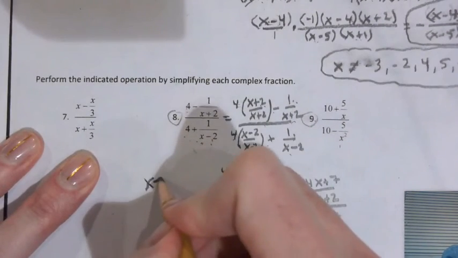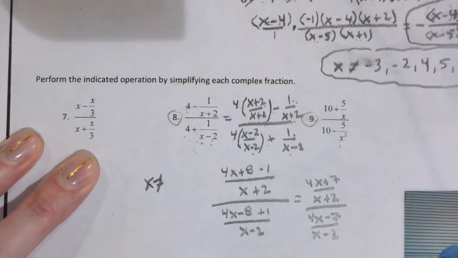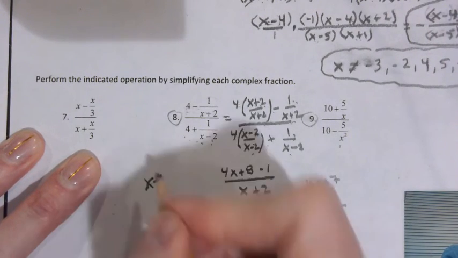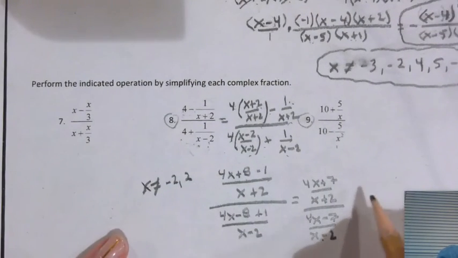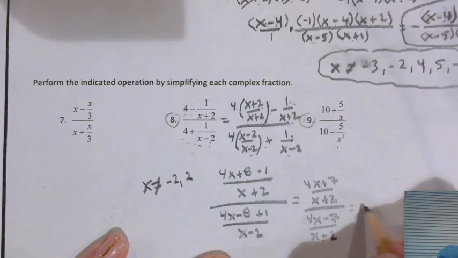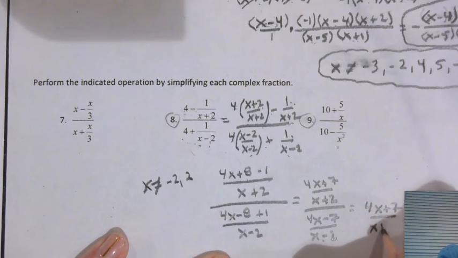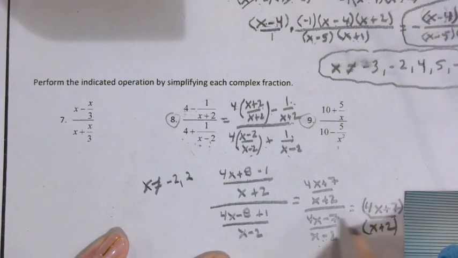So x cannot equal negative 2 or positive 2. Okay, but now we've got the top 4x plus 7 over x plus 2, and we're going to multiply by x minus 2 over 4x minus 7, and nothing cancels, so that's all that we can do there.